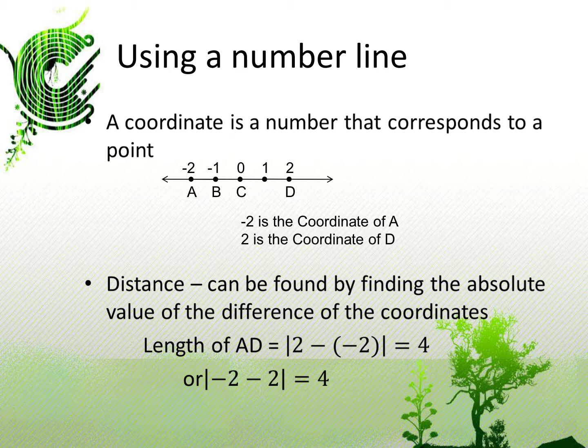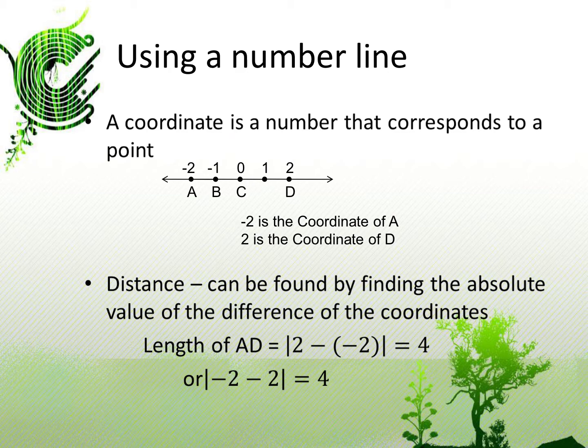Now, when I am trying to find the distance between 2 points on a number line, I can find that distance by finding the absolute value of the difference of the coordinates. The reason why we're going to find the absolute value is when I go to find the difference, which is a subtraction problem, the order that I choose to do the subtraction won't make a difference as long as I find the absolute value of that difference.